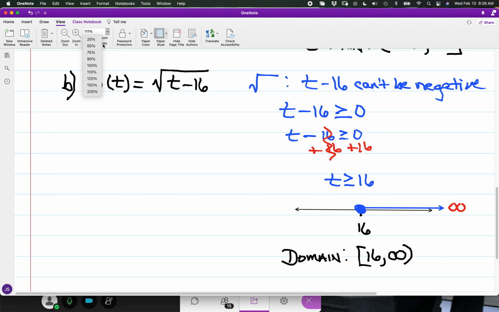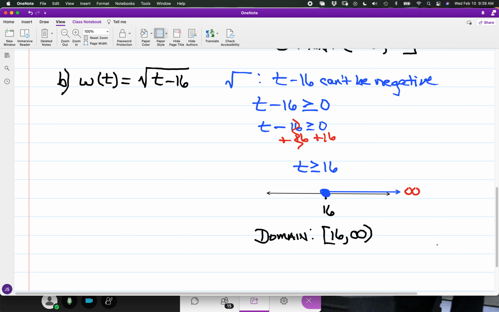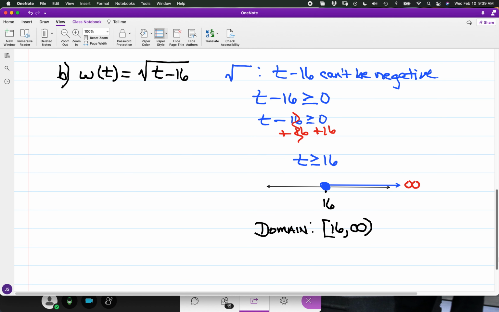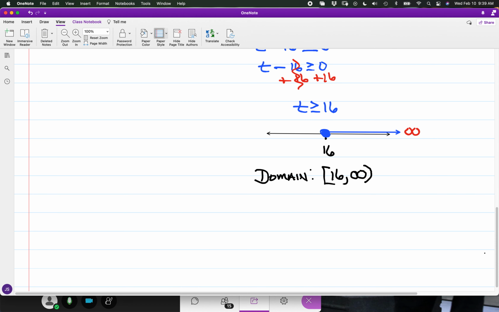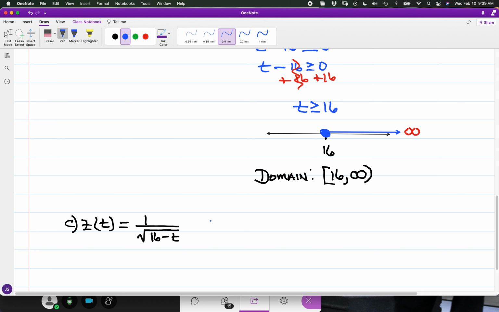Now for part C, we have a bit of a twofold situation. I'm going from y of t to w of t to now z of t. And z of t is equal to 1 over the square root of 16 minus t. There's a bit of a dual situation occurring.